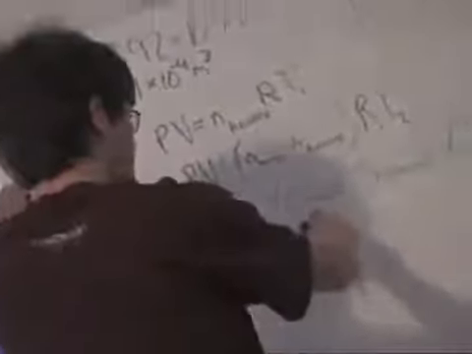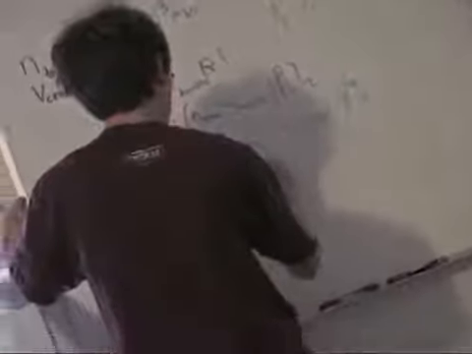Since R is in both sides, we can cancel. And we have N heated times T1 equals quantity N total minus N heated times T2. If we distribute this, we get N heated T1 equals T2 N total minus T2 N heated.